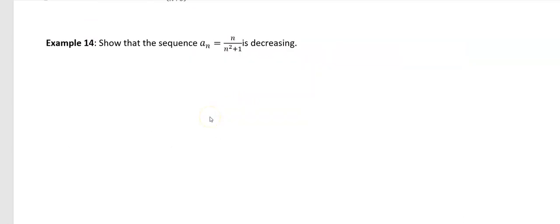So let's look at example 14. We're going to show that this particular sequence is decreasing. What does it mean to be decreasing? That means we need to compare the current value of the sequence, which is a sub n, to the next value of the sequence, which is a sub n plus 1.